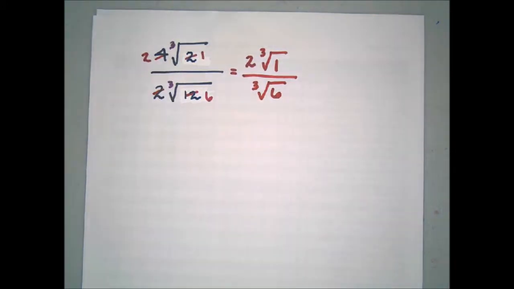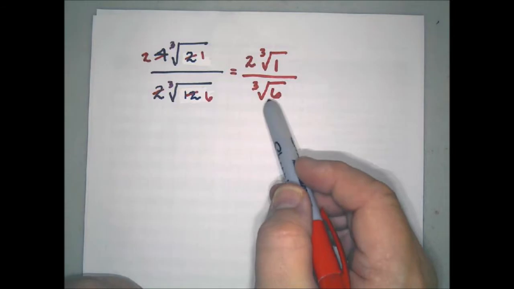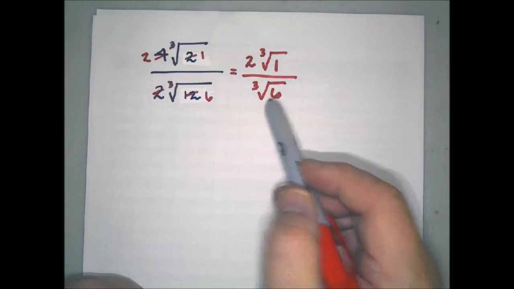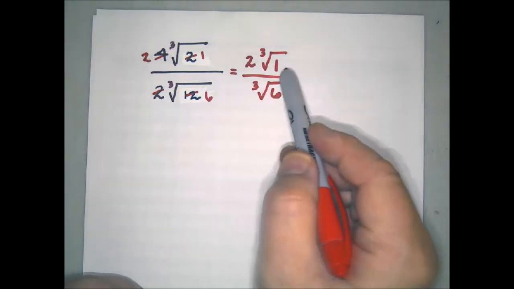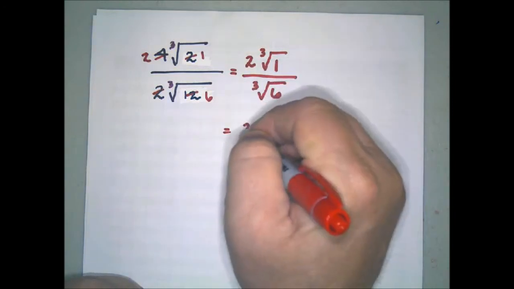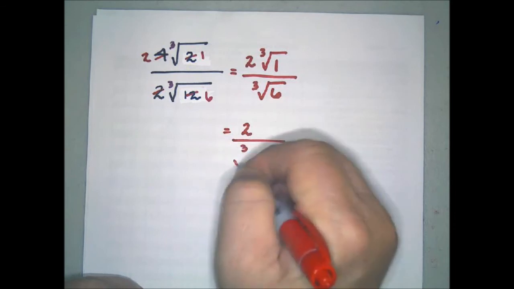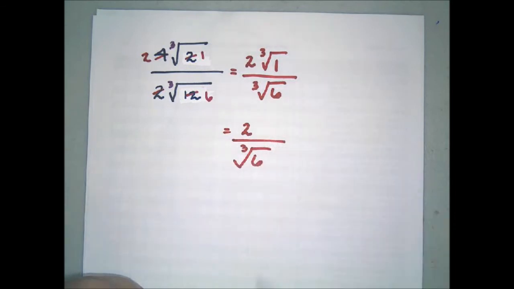So after I've done a little bit of reducing, this is what that problem becomes. Now, the cube root of 1 is still 1, so I really just have a 2 up there. But I'm still left with this cube root of 6 down there. So we need to rationalize this.